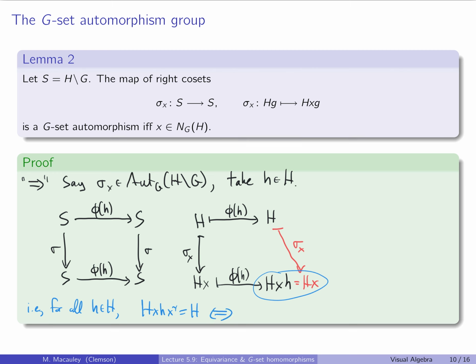It's equivalent to saying that this representative right here, x little h x inverse, is in H. And that's exactly what it means for x to normalize H. We take something in H, we conjugate it by x, and we get within H. So that means that x is in the normalizer. And that's exactly what we wanted to show for this forward direction.